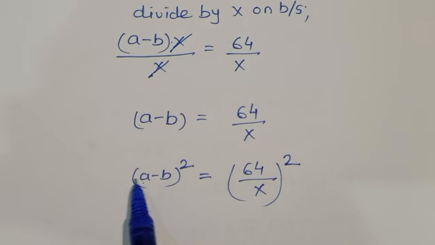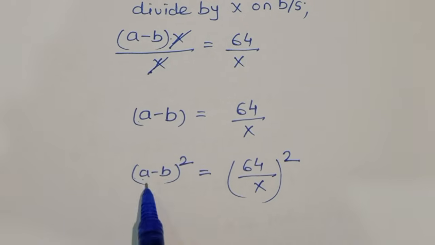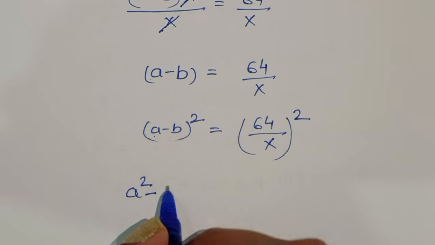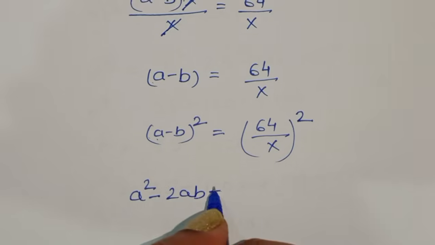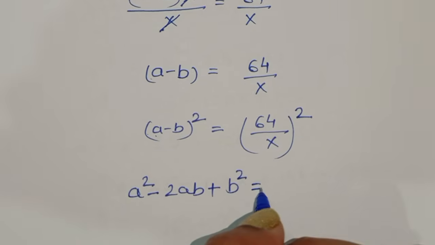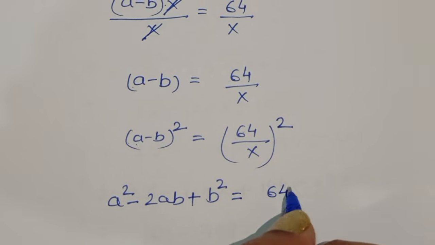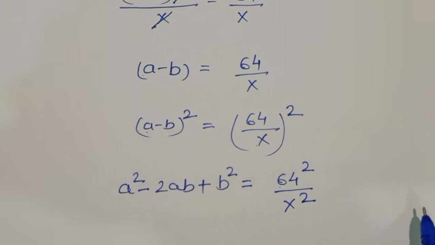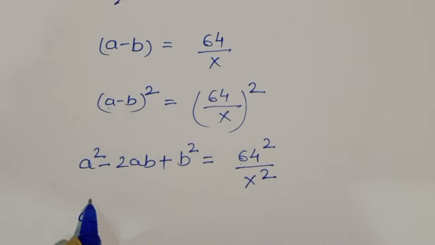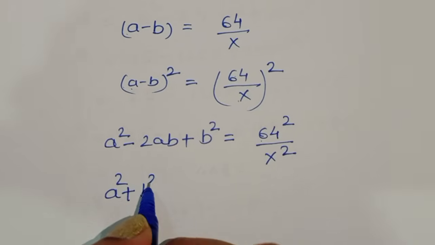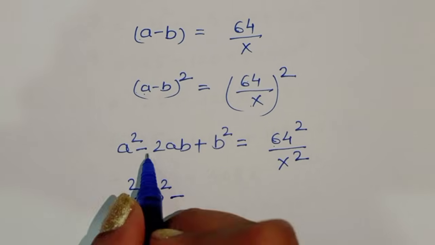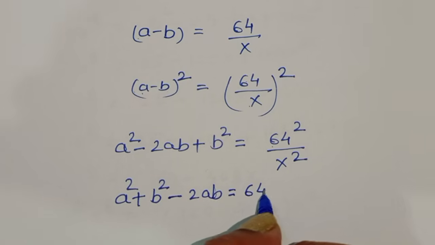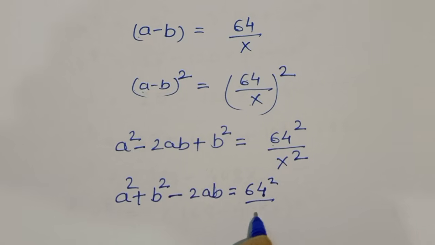Now we have to apply the formula of a minus b whole square, which is a square minus 2ab plus b square, is equal to 64 square divided by x square, right? So we can write a square plus b square minus 2ab is equal to 64 square upon x square.